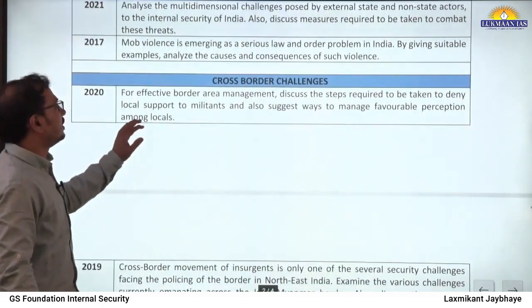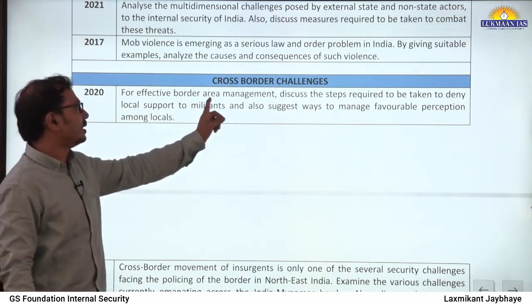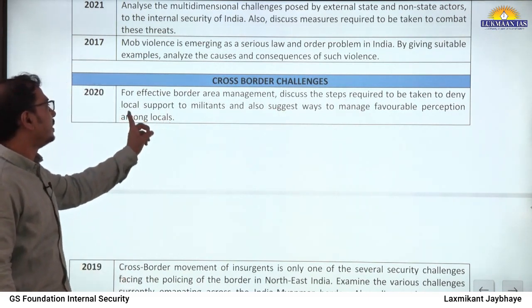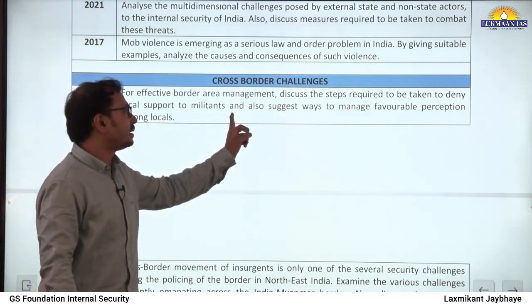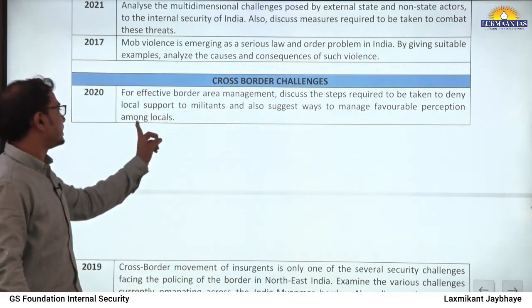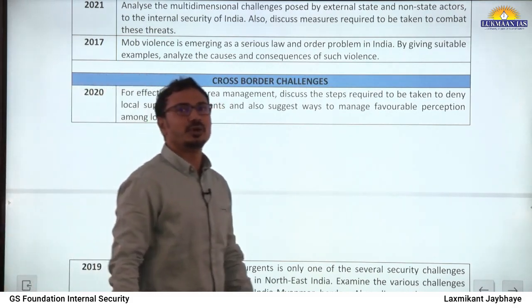You can see here, last year: cross-border challenges for effective border area management, discuss the steps required to be taken to deny local support to militants and also suggest ways to manage favorable perception among the locals. Especially this is for the Jammu and Kashmir region.